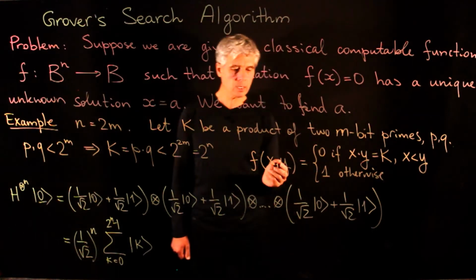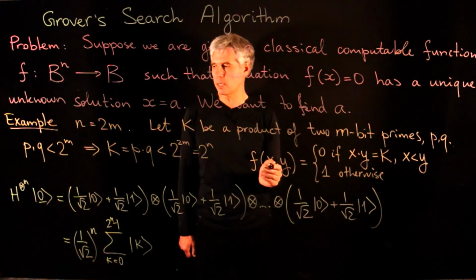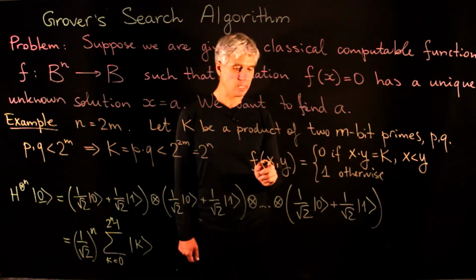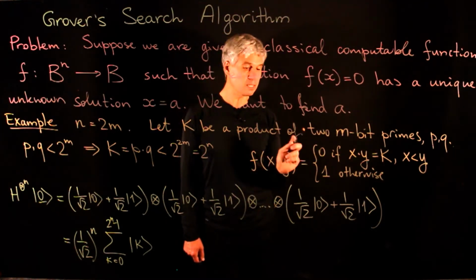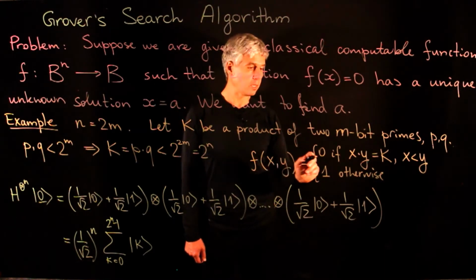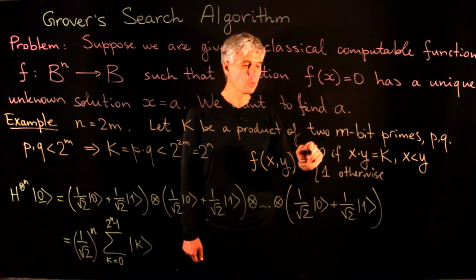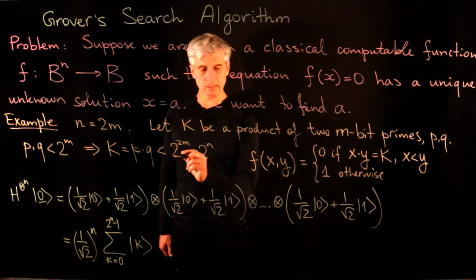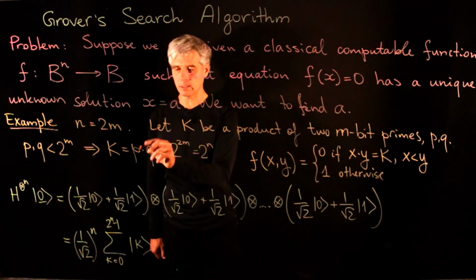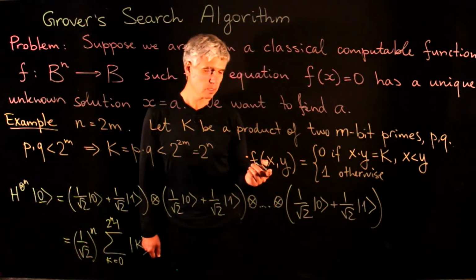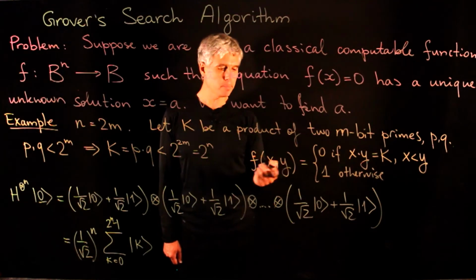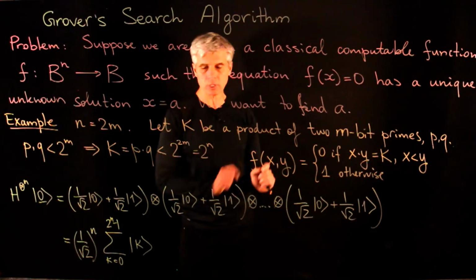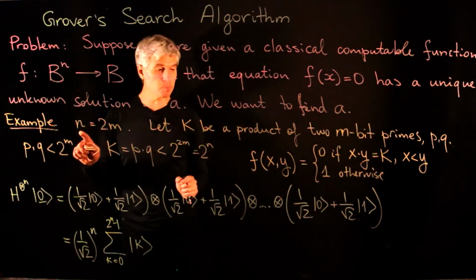If we restrict x and y to be m-bit integers, then we are going to get a single solution. This value 0 will be assumed only when x is equal to p and y is equal to q, assuming that p is less than q. Two m-bit inputs can be considered as a single n-bit input.